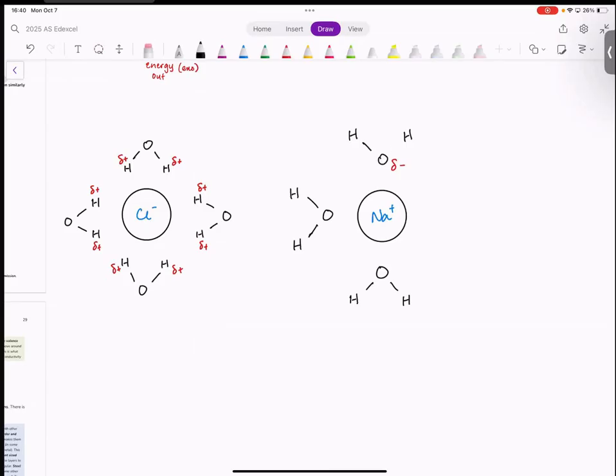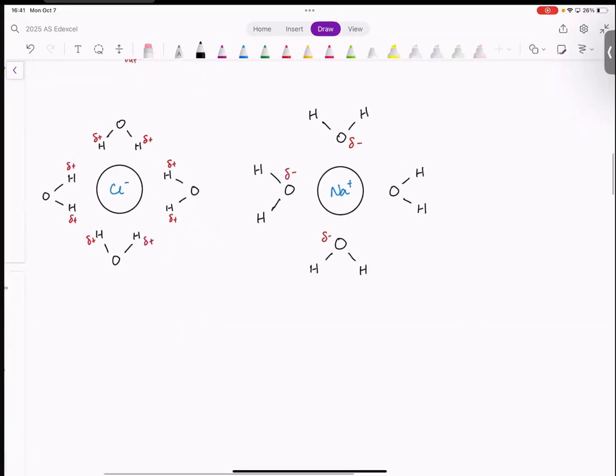So even in A2, if a question asks me to draw the hydration sphere, I'd draw the same thing I'm drawing for you. Ignore me trying to make it look neat. On exam day, don't waste time on all this. I'm just trying my best to make it neat for the whiteboard, but it doesn't have to be neat. Just scribble it down quickly on exam day.